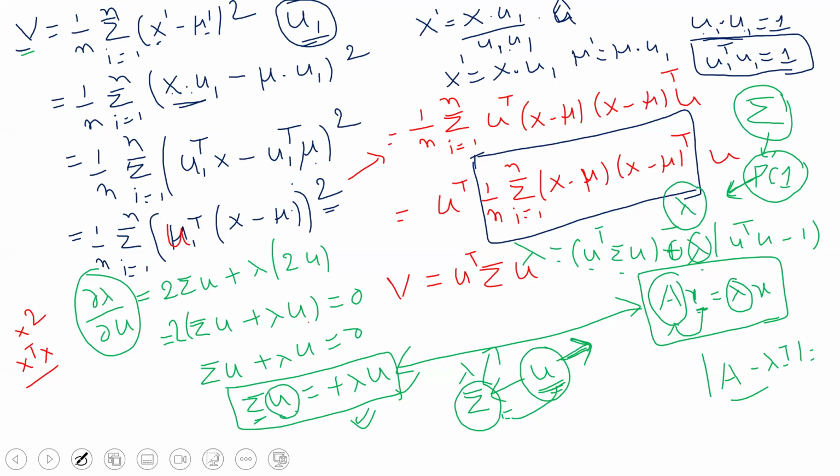So that is what PCA is. Your main goal with PCA is to find the principal components. To find the principal components, you have to find the eigenvectors of the covariance matrix. Once the eigenvectors of the covariance matrix are found, the principal components have to be maximized.